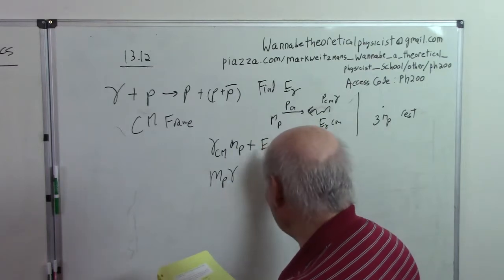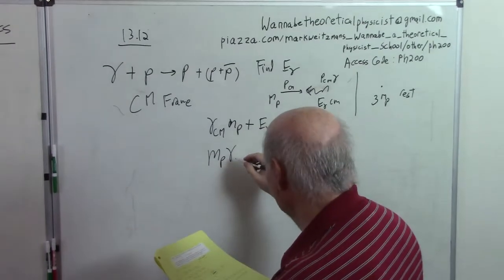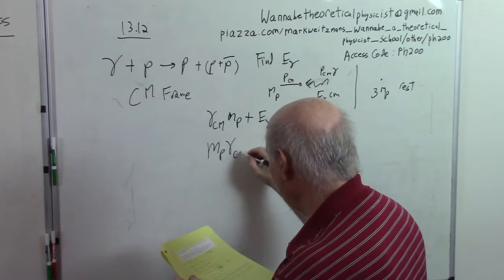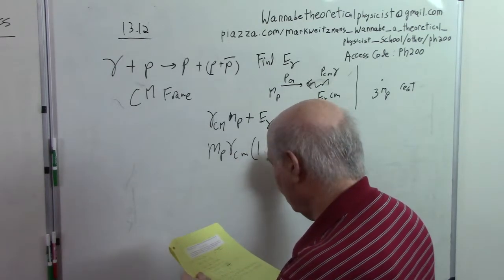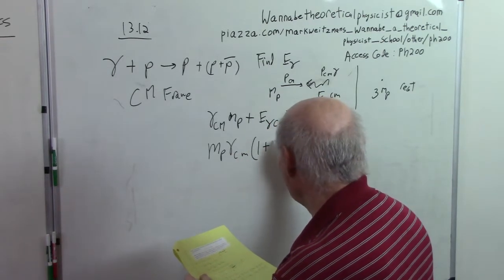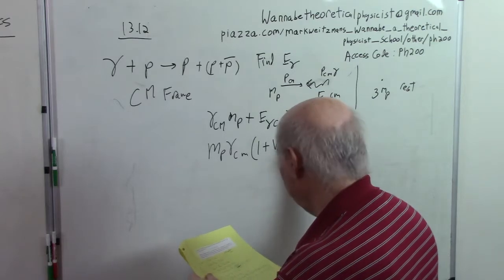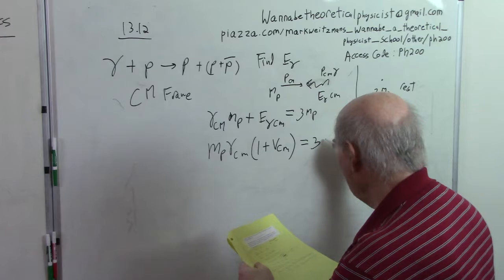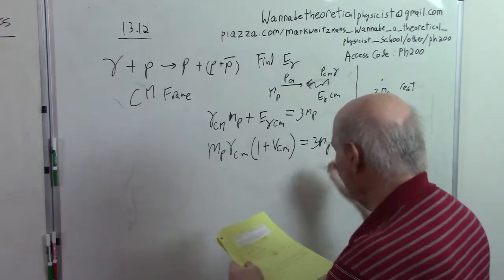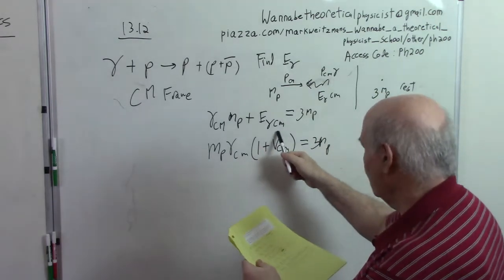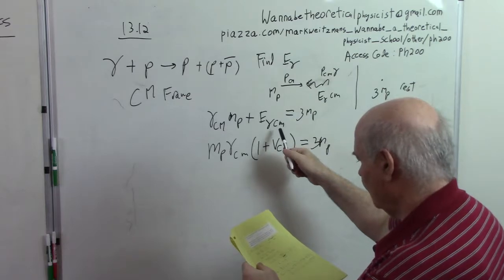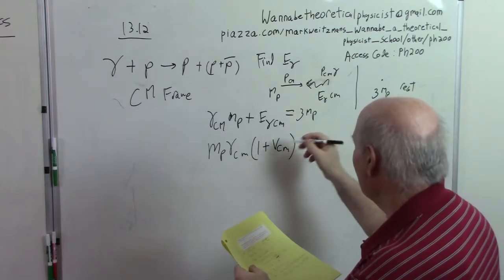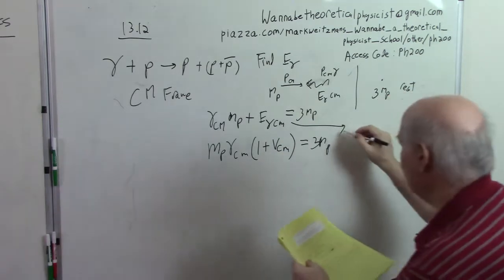Okay, this equation leads to MP gamma CM times 1 plus VCM equals 3 MP. So what I did was I substituted for E gamma CM.